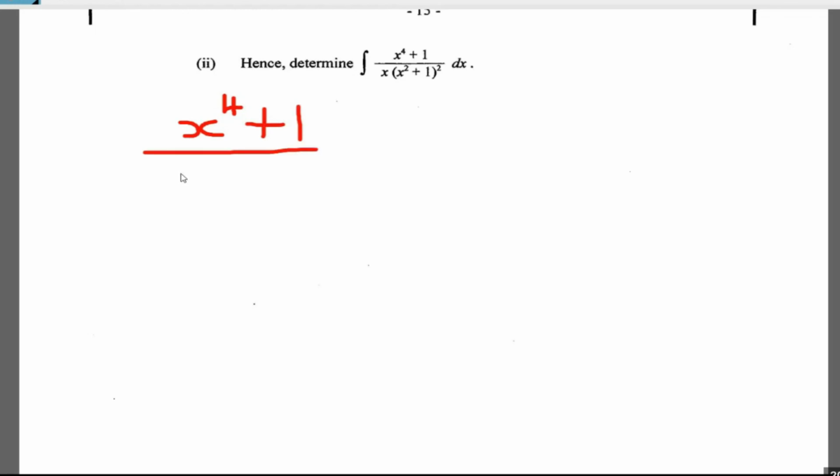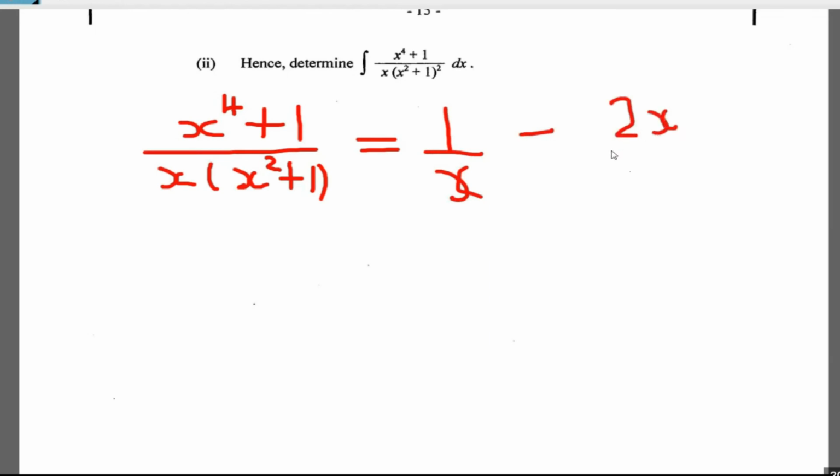So x to the 4, then x times x squared plus 1. We're just writing back the partial fraction. We found that this was equal to 1 over x minus 2x over x squared plus 1 all squared.